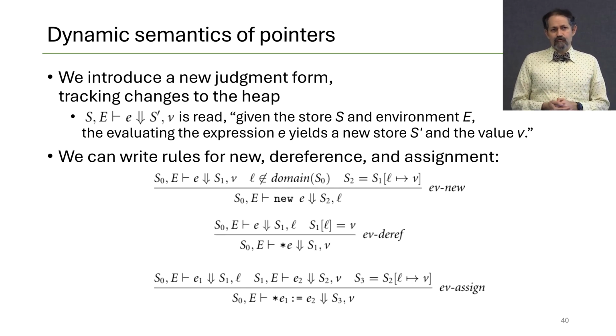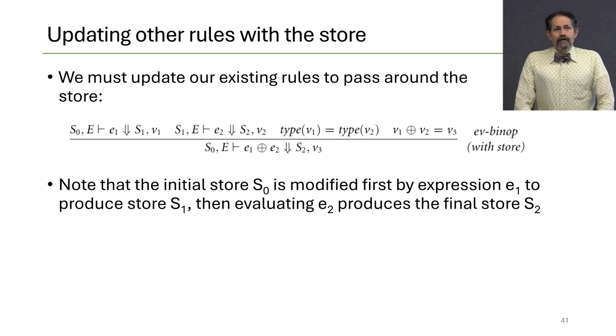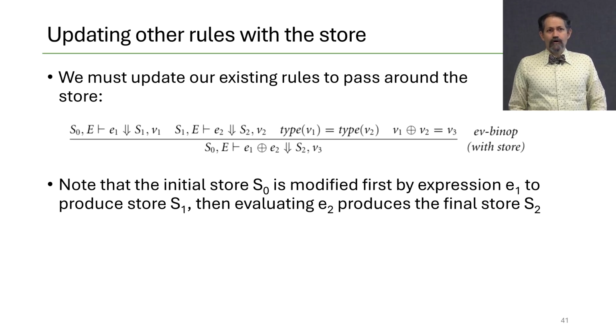This is a common semantics for languages that have assignment as expressions, including, for example, C. Because we have a new form of evaluation judgment, we have to update our existing rules to pass around the store. This happens in a relatively straightforward way, following the pattern that I already set for the assignment rule in the previous slide.